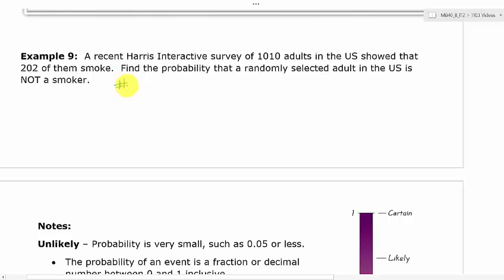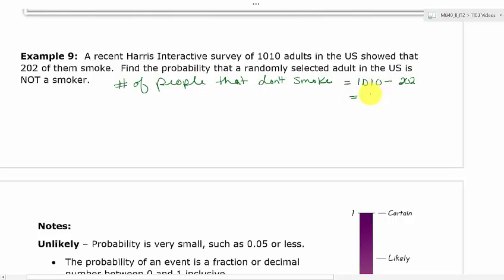First we would need the number of people that don't smoke. That's the total number of people, 1,010, minus the number of people that do smoke.